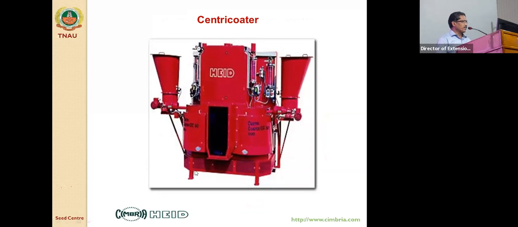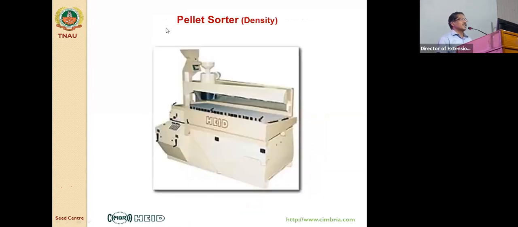This is another company, Cimbria. This is a centric coater used for simple seed coating. This is a pellet sorter machine by Cimbria. Pellet sorting means, as I told you, there may be empty pellets, small pellets or large pellets, and all these can be sorted out both by density as well as by size.